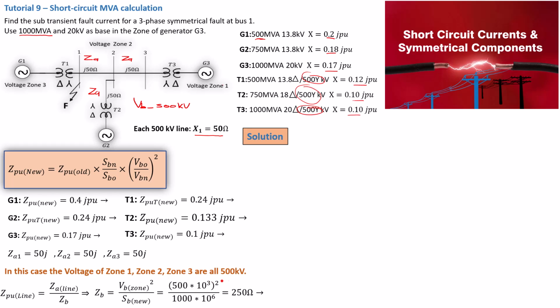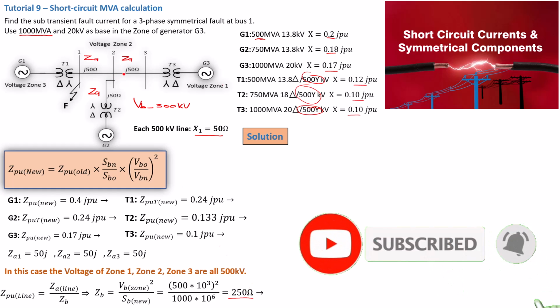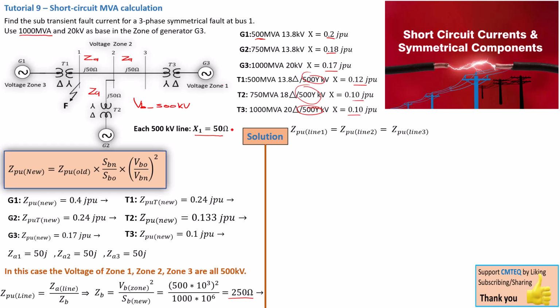So replacing that into the formula, we got a ZB of 250 ohms. So that is the base impedance of this network here, of this zone here. Now we can use that to calculate our Z per unit of the line. So the Z per unit of all those three lines, since they are all equal to 50 ohm, as given here, we can then say Z per unit of line 1, line 2 is equal to Z per unit for line 3, and that is basically Z actual divided by ZB.